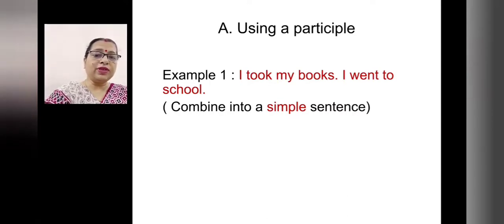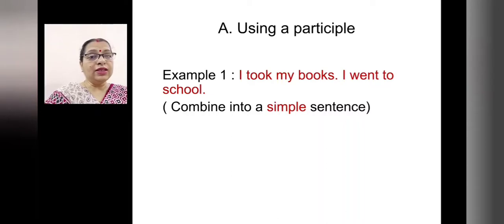Now you must first find out which one of the two is to go. To do this, arrange the two verbs in the time order of the actions they denote. Evidently, taking the books comes first and going to school comes next.